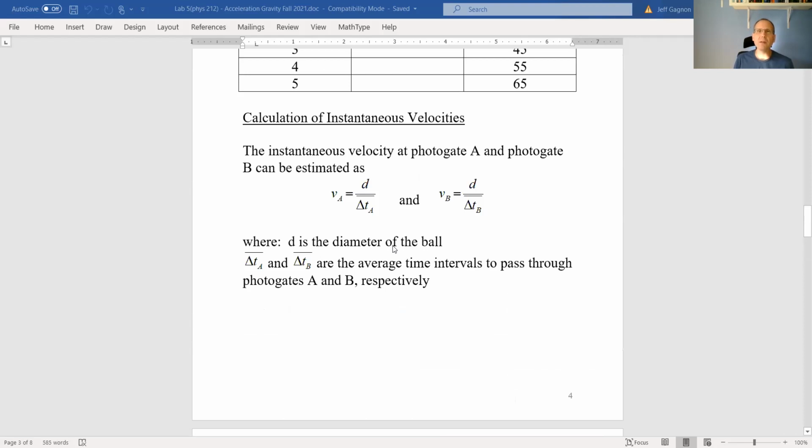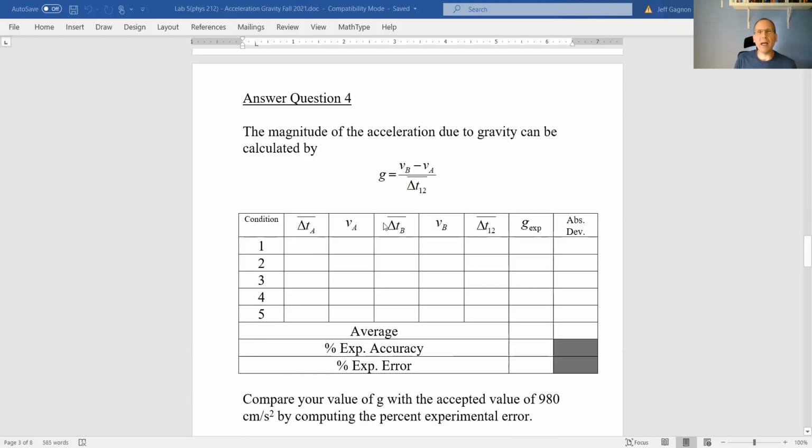In fact, you're going to use the fact that the diameter of the ball is 1.90. So D here is going to be 1.90 centimeters. And then if you divide 1.90 by delta TA, that's going to give you VA. Then 1.90 divided by this delta TA gives you the next velocity.